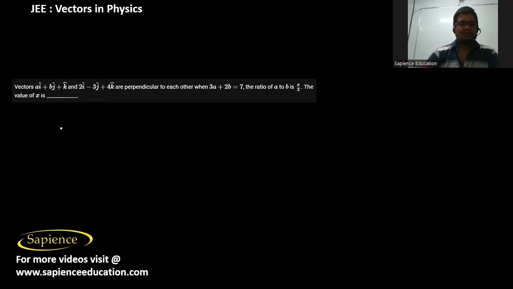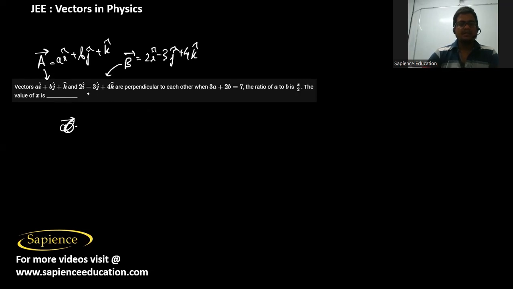Here it is told the vectors, let's call this the vector a, which is a i cap plus b j cap plus k cap, and let's call this the vector b, which is 2 i cap minus 3 j cap plus 4 k cap. Now it is told that these two vectors are perpendicular to each other when 3a plus 2b equal to 7 and the ratio of a to b is x by 2, that is a by b equals x by 2.